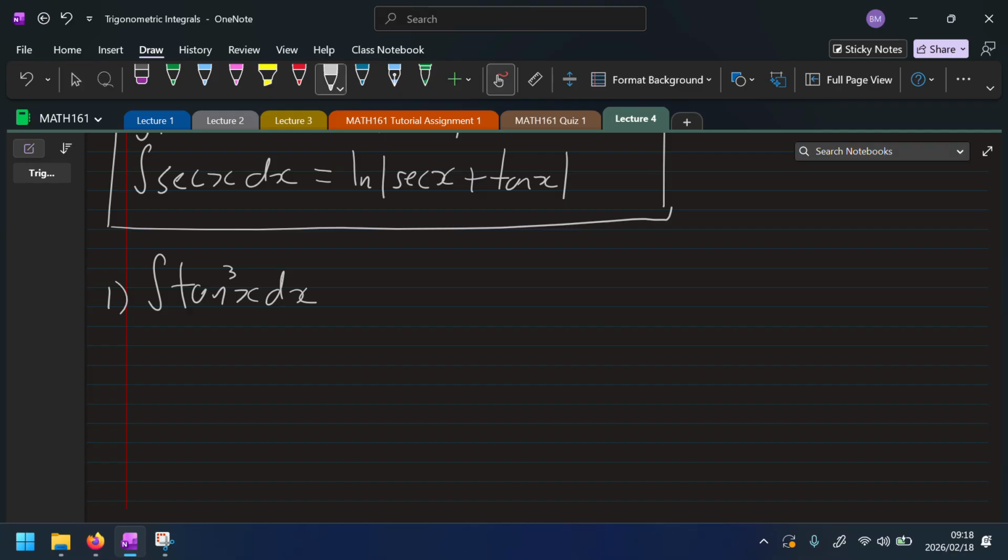So what we're going to do is rewrite this slightly. So I'm going to split this into tan and tan squared. Okay. Now the tan squared I can rewrite in terms of sec.